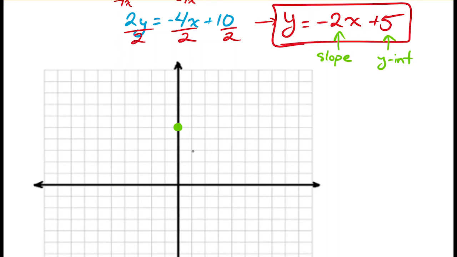So down 2 over 1, down 2 over 1, down 2 over 1, down 2 over 1. And we could go the other way. We could go up 2, back 1, up 2, back 1 if we wanted to. And then we just got to draw our line now. Good. So this is y equals negative 2x plus 5.